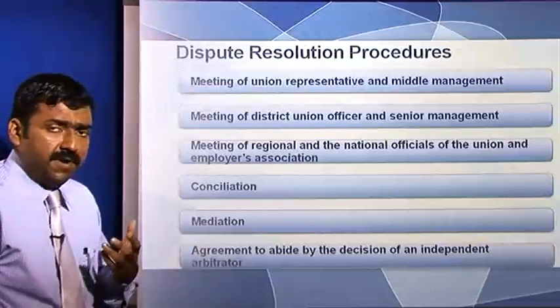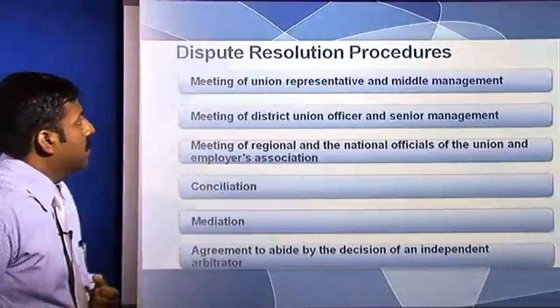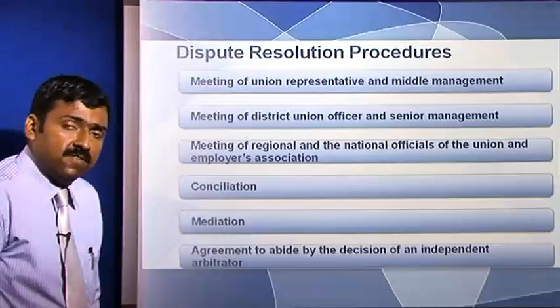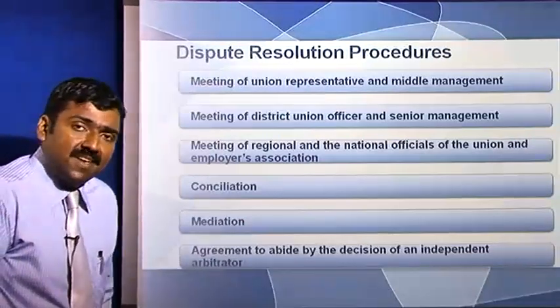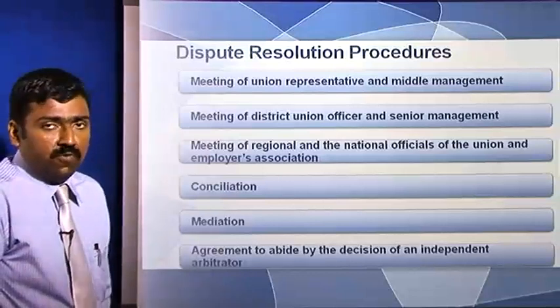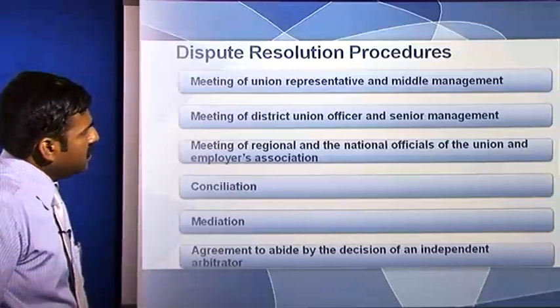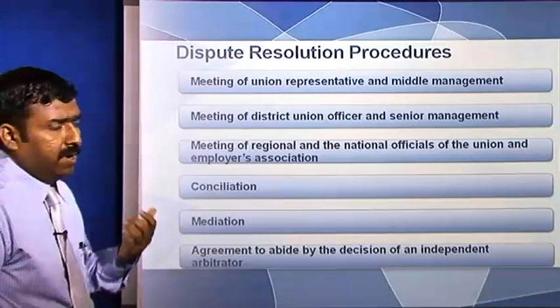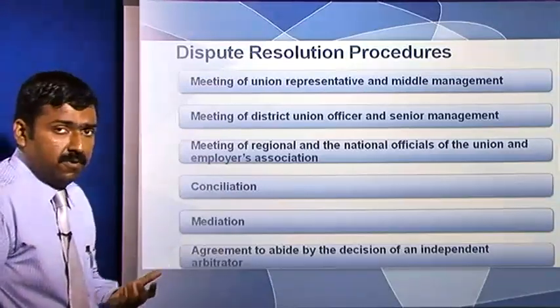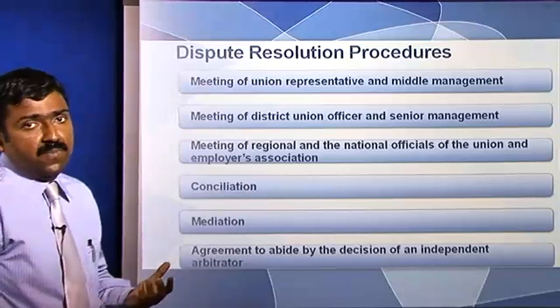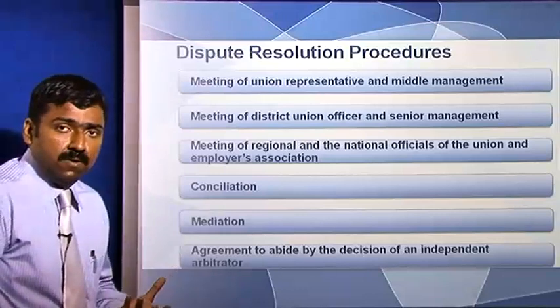Now, what are the different dispute resolution procedures available? These procedures differ depending on the size and complexity of the dispute involved, the number of people involved, and the context of the dispute. First is the meeting of union representative and middle management. This can effectively bring a solution in certain kinds of dispute. Meeting of district union officer and senior management, if it's a potentially bigger level issue.